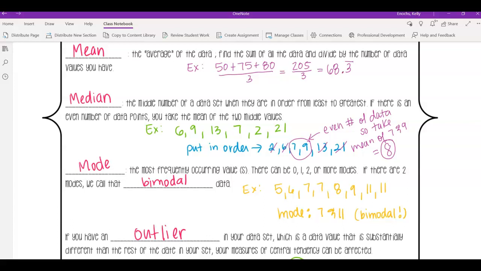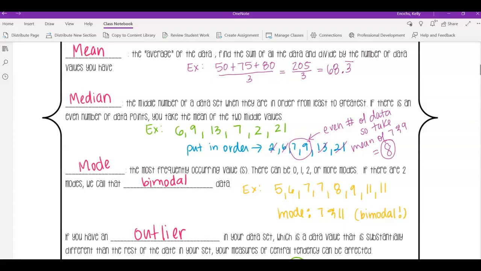You would have multiple modes if they occurred the most times the same amount. So in my data example for the mode, you'll see I have 2 7s and 2 11s. That means they both occur the most at 2. So I have two modes of 7 and 11. If you have two modes, we call that bimodal data. So make sure that you look and see if you have bimodal data for two modes.